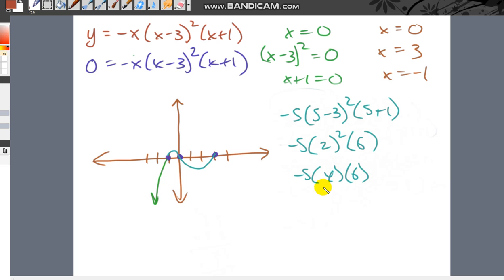As you can see, this negative implies that this is going to be below the x-axis. Since y is less than 0, given that we chose x equals 5, this y value is going to be below the x-axis. It's going to look something like that.